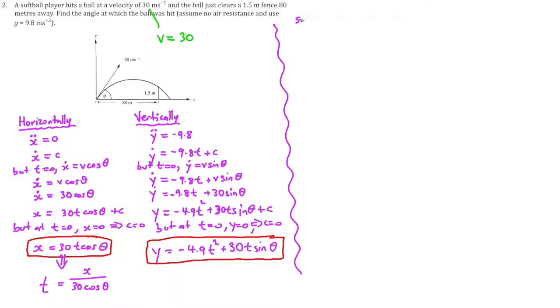Sub t equals x over 30 cos theta into y equals minus 4.9t squared plus 30t sine theta.